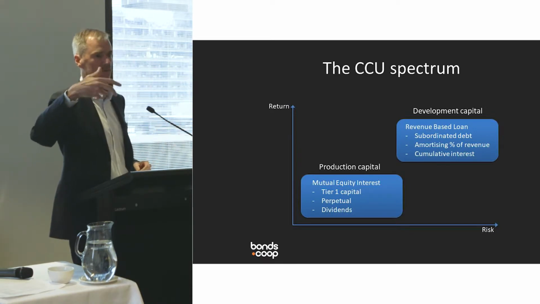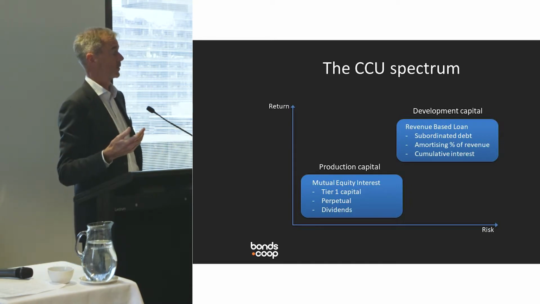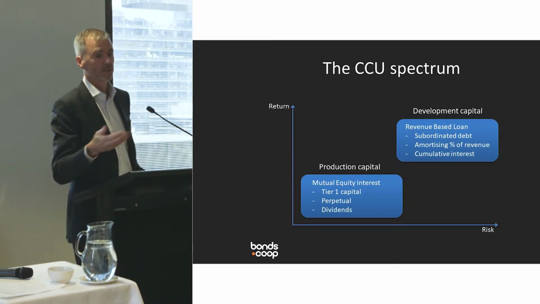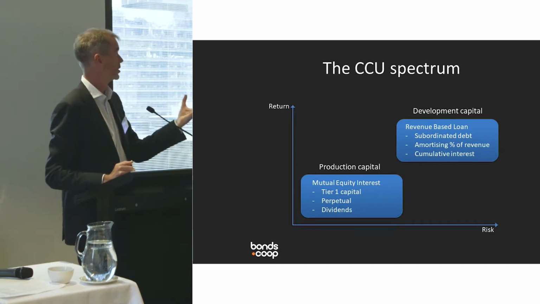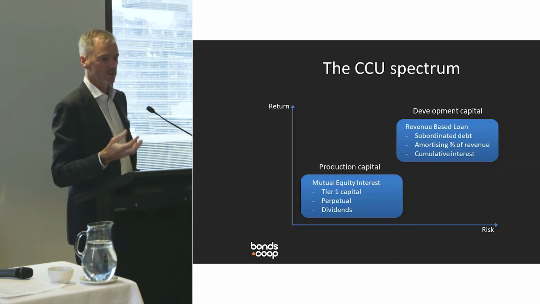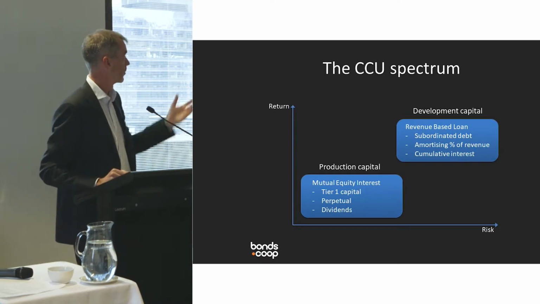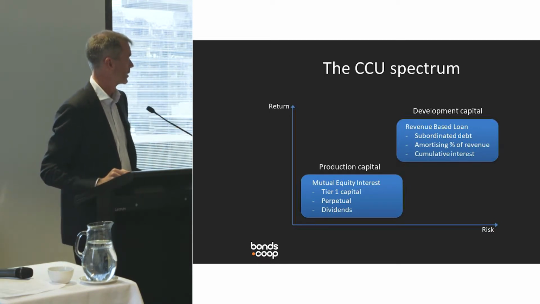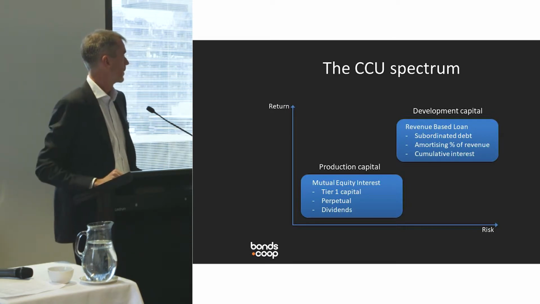At one end of the spectrum, we might have development capital. So we have a cooperative that's a startup that has little by way of a trading record or retained earnings. And so the CCU structure that might be appropriate for this, just as an example, might be debt-based. It might be a revenue-based loan that is subordinated debt, so it's still capital supportive.